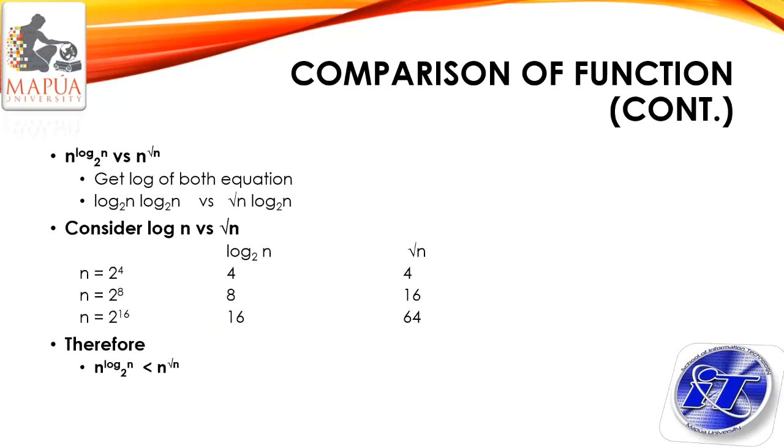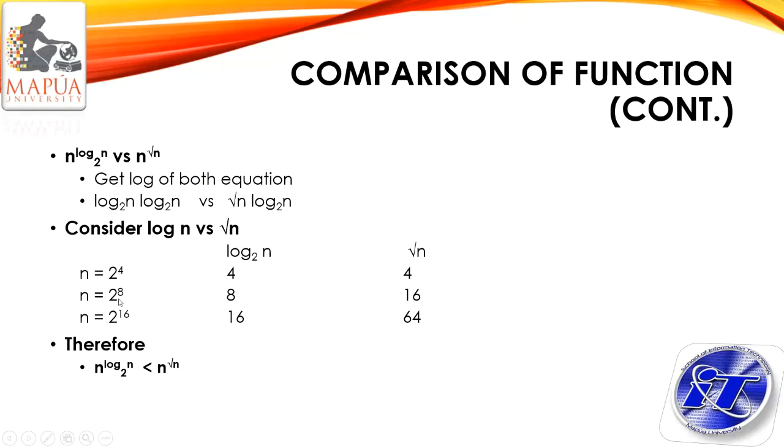Another example. n raised to log n versus n raised to square root of n. So again, based on our math concept, rewrite it as log n times log n versus square root of n times log n. So let's start with n equal to 2 raised to 4. So what is the result on the first? It will be 4. For square root of 16, it's still 4. So the same.